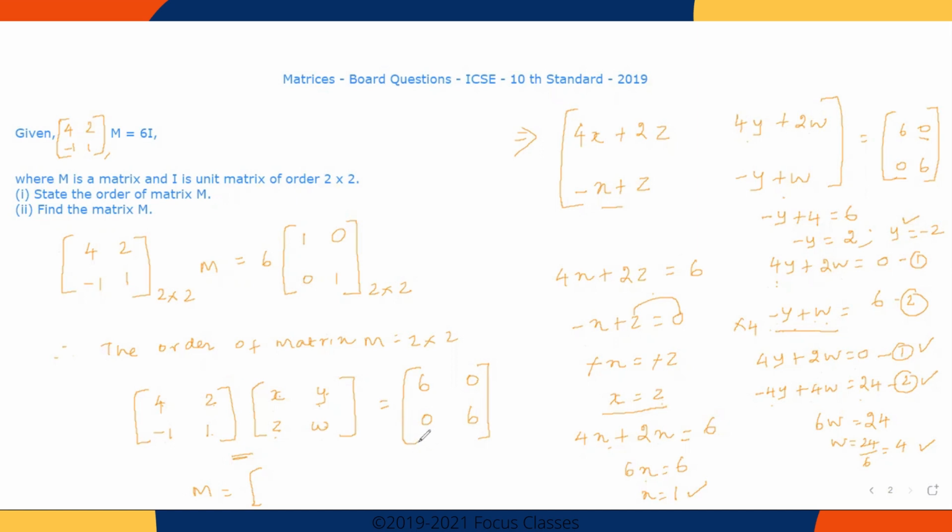So what is the value of x will be my z. So x is equal to 1, y is equal to minus 2, z is equal to 1, w is equal to 4. This is the answer.